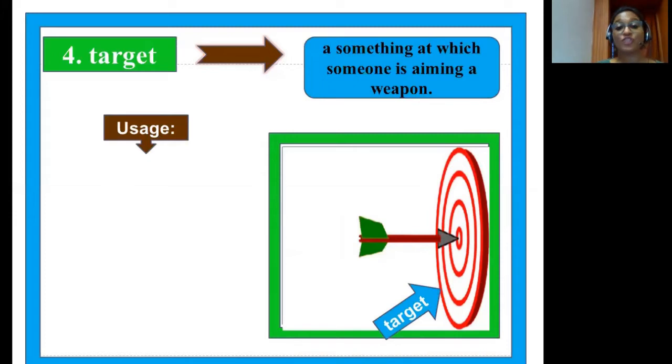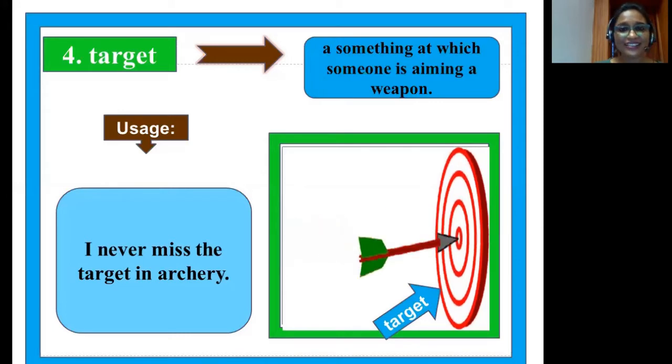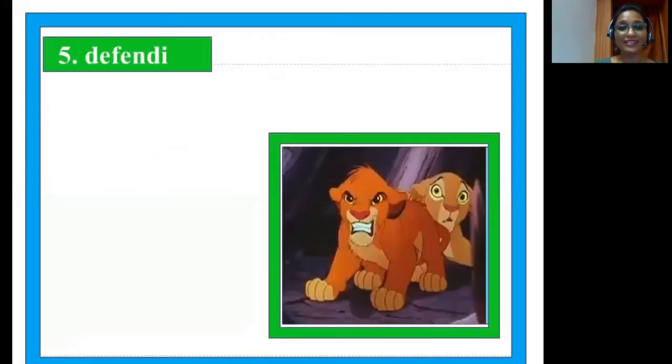Okay? Children, here I have framed a sentence using the word target. I never miss the target in archery. Now tell me, children, was Nasruddin a good archer? Not at all. He missed the target twice. Isn't it?